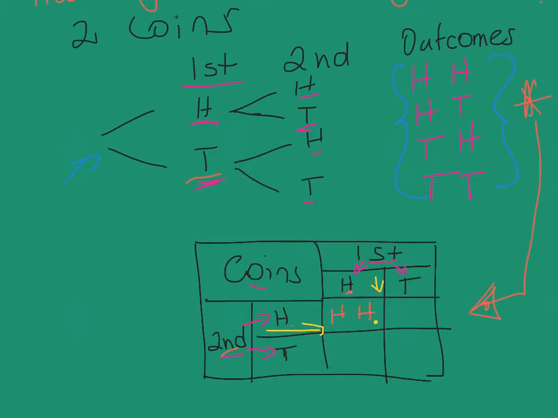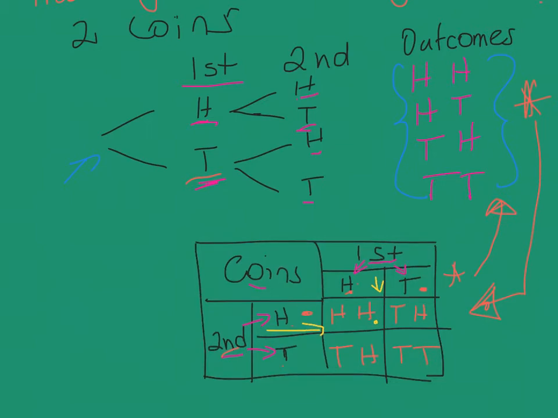Again, if we move over to here, this one is a tails, and because it's in this top line, it's also a head. Again, here we can go T, and it's a H, T, T. And if you look at this table, and you look back up here, they are exactly the same.